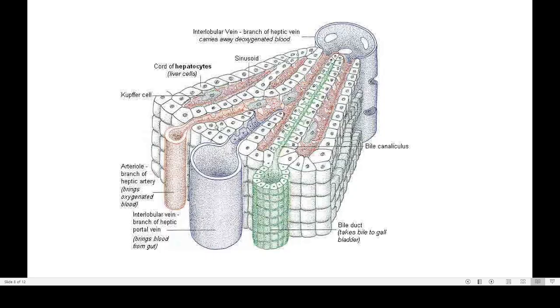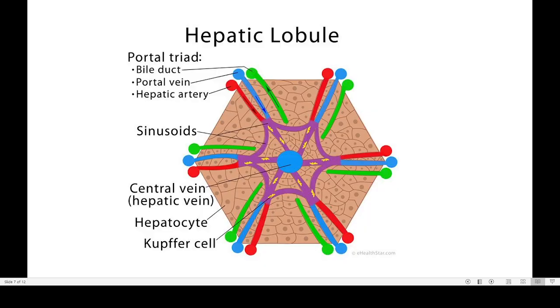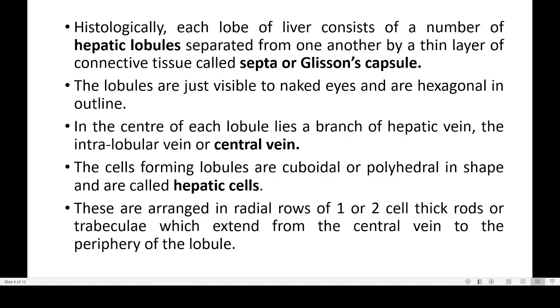Their thickness may be either one cell or two cells, and that projection from the central vein to the margin is known as the trabeculae. So that is the idea of the hepatic lobule. You can see that histologically the liver consists of hepatic lobules.